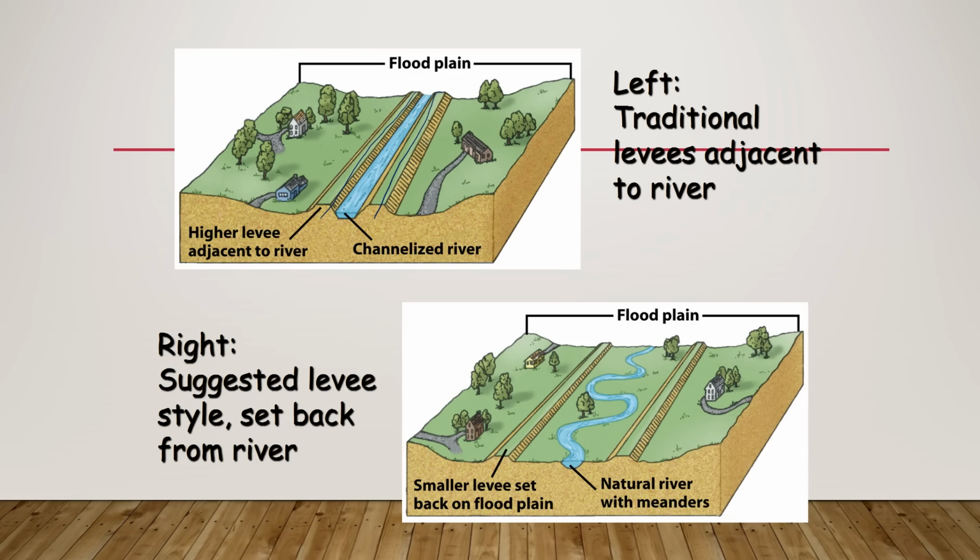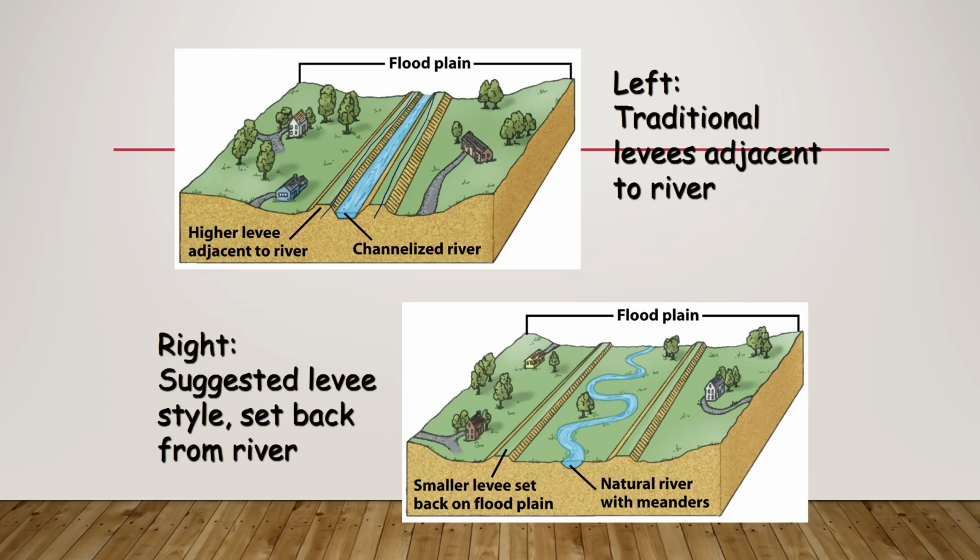We put that concrete channel, it's very low resistance, water can move through there really, really fast, greatly reducing the probability of flooding in downtown Walla Walla. Now, sad to say that increases the chance of flooding downstream, by the way. So people that live in Touchet and so on are more likely to get flooded because Walla Walla is less likely to get flooded. Side note there, all right? So traditional levees are like that.